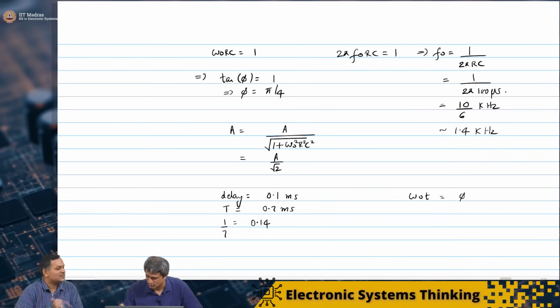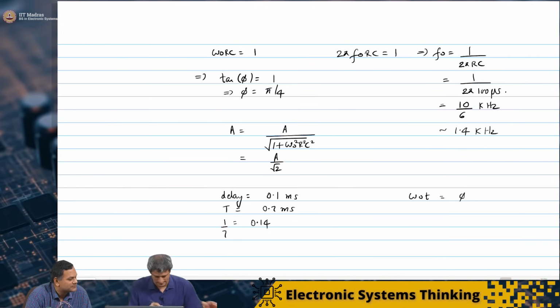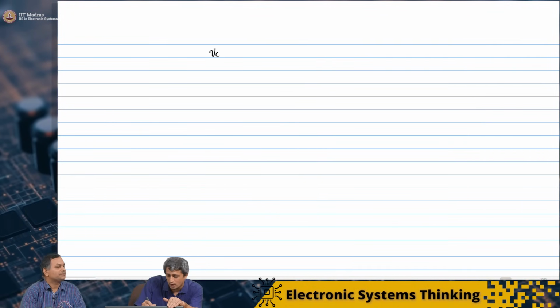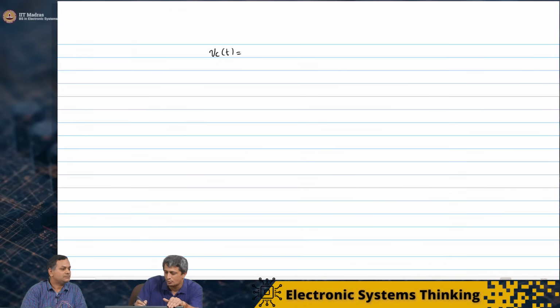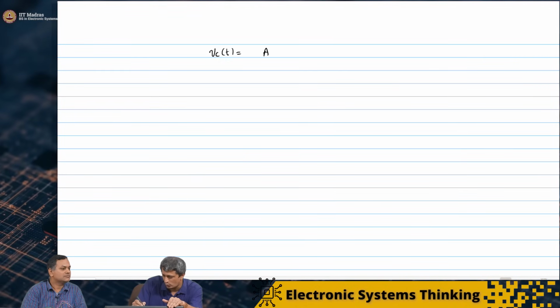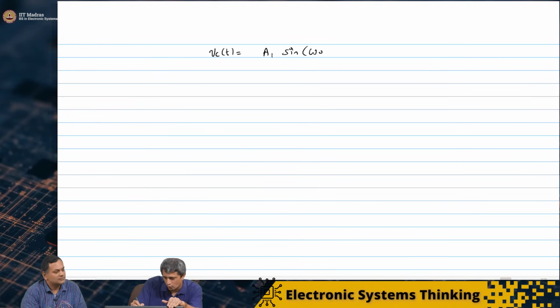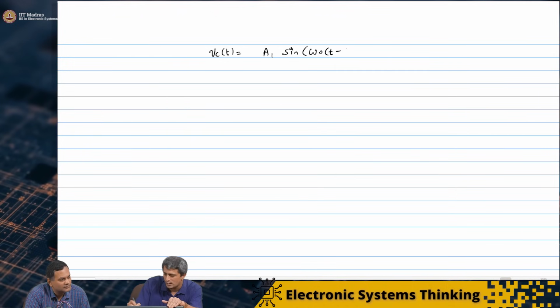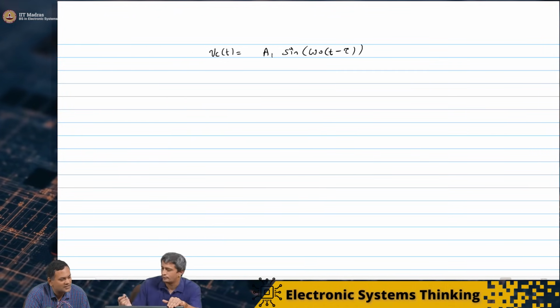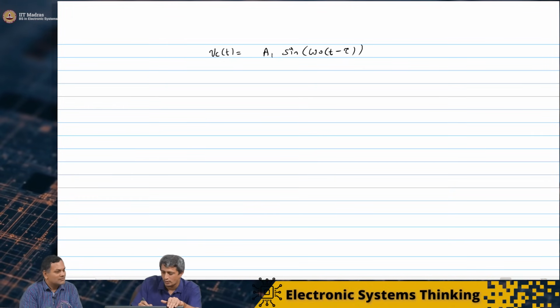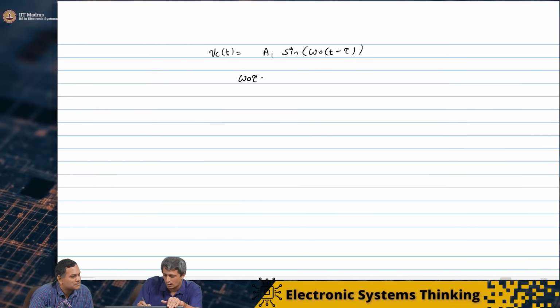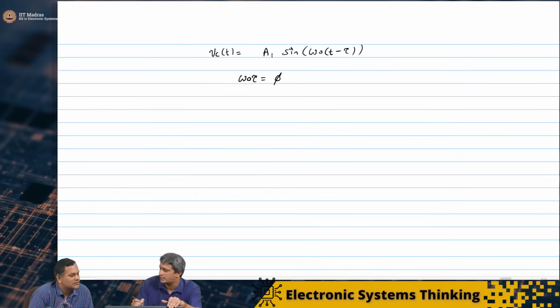We want Vc of t written as some amplitude A1 sine of omega naught into t minus tau. So omega naught tau should equal the phase.